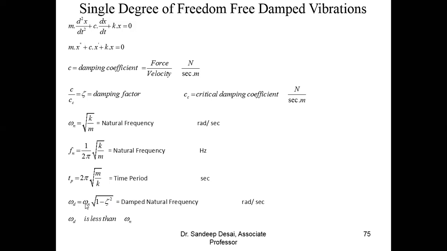Therefore omega d is always a fraction of omega n. Omega d is equal to omega n when the system is free undamped vibrations. If the system is free damped vibrations, omega d is always less than omega n. From these equations also it is proved.